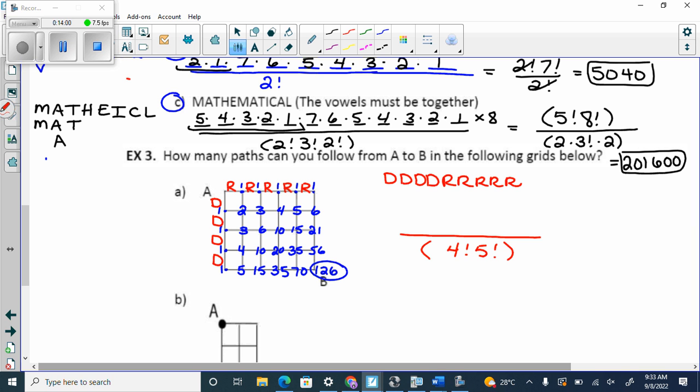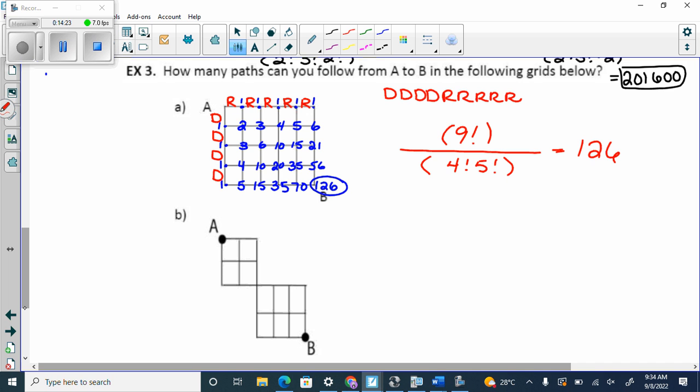Type that in. Remember, you can use your fraction button. And that's it. See, no blind trust needed. I just proved it worked, right?